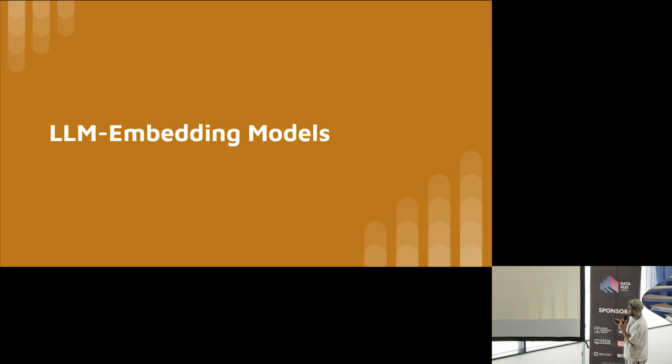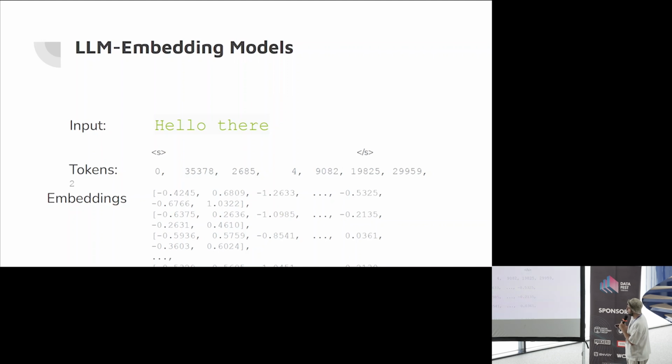There are also these trending large language model embedding models. My slides are a bit broken, but you can see that this 0 represents the starting token, and this 2 is actually the end of sentence token, and this is the token of these words, and this is the representation.